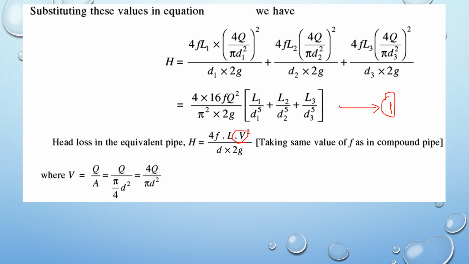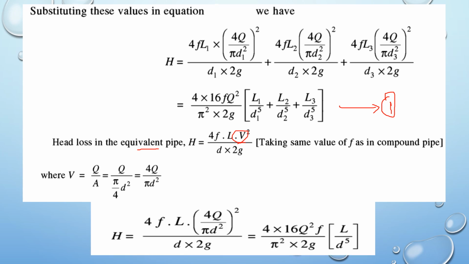So rewriting, V is equal to 4Q by pi D square, and this is for the equivalent pipe. Substituting this V here, we will get H is equal to 4FL, and for V we write 4Q by pi D square the whole square by 2GD, and finally simplifying we will get this equation. I'm calling this equation number 2.